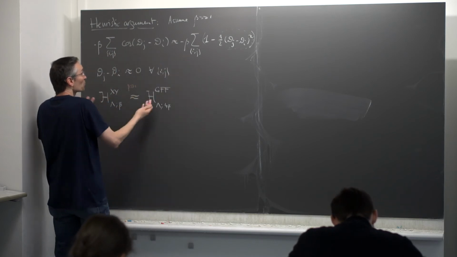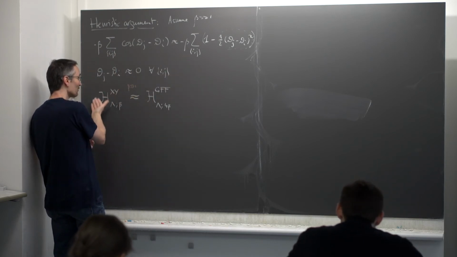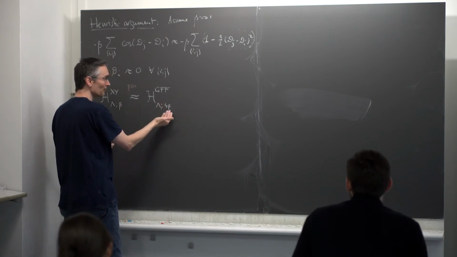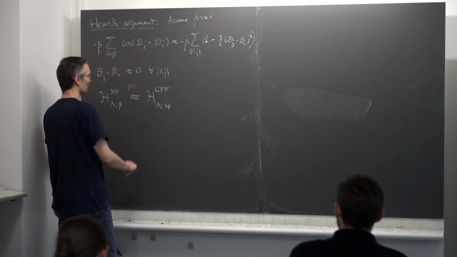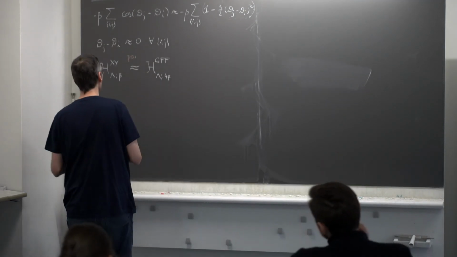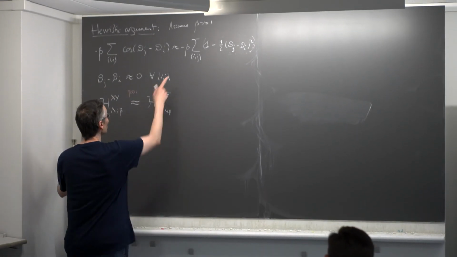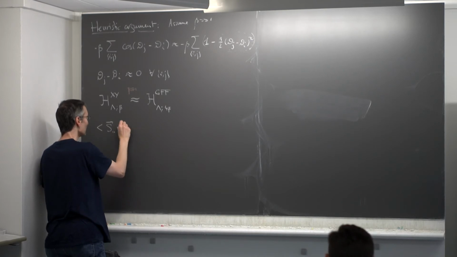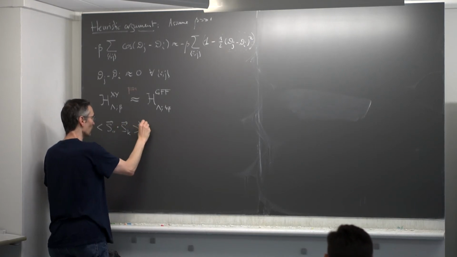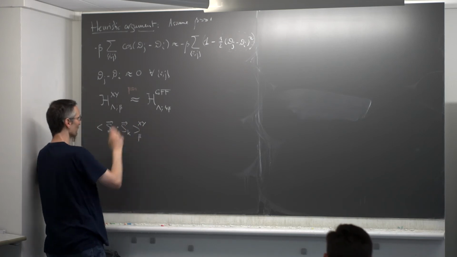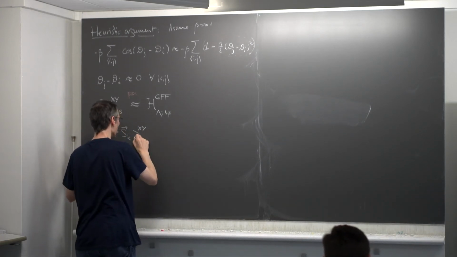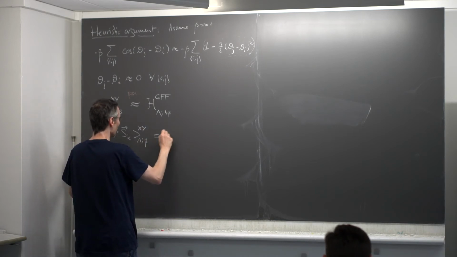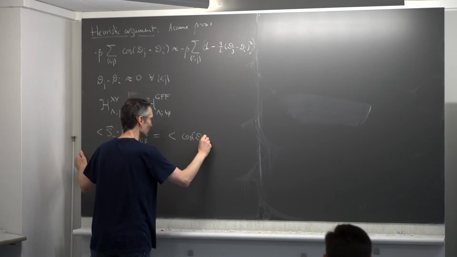So this argument suggests that the behavior of the XY model at very low temperature should be very close to the behavior of the GFF at another very low temperature, where beta is multiplied by 4. So in particular, if now I'm looking at S0 scalar product SK, this correlation function in the XY model at lambda, beta, let's be precise, this I can certainly write as the cosine of theta k minus theta 0.